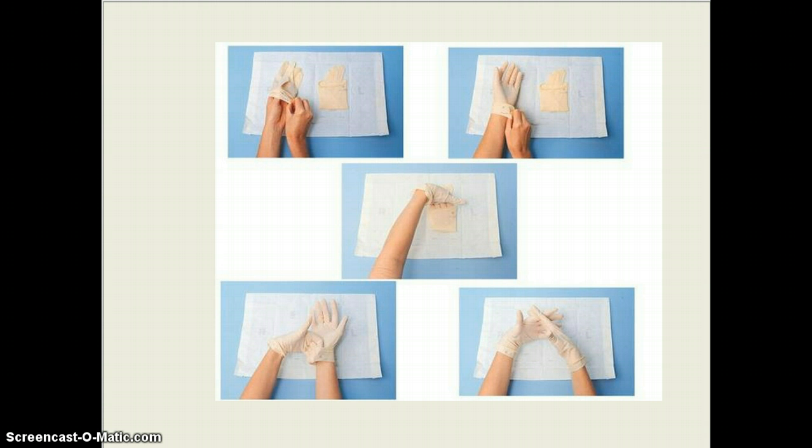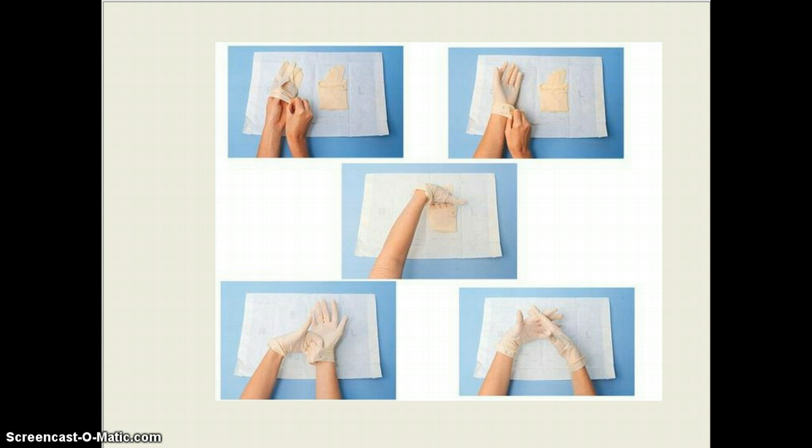So as we look at the skill in the book, this is applying sterile gloves. As you can see in the very first picture, she is touching with her unsterile hand the inside cuff of the glove. The glove is put on, it's kept over your sterile field, and then she uses her left hand, the sterile gloved hand, to reach in on the inside of the cuff, because that's where it's sterile, and remember, sterile has to touch sterile to remain sterile.